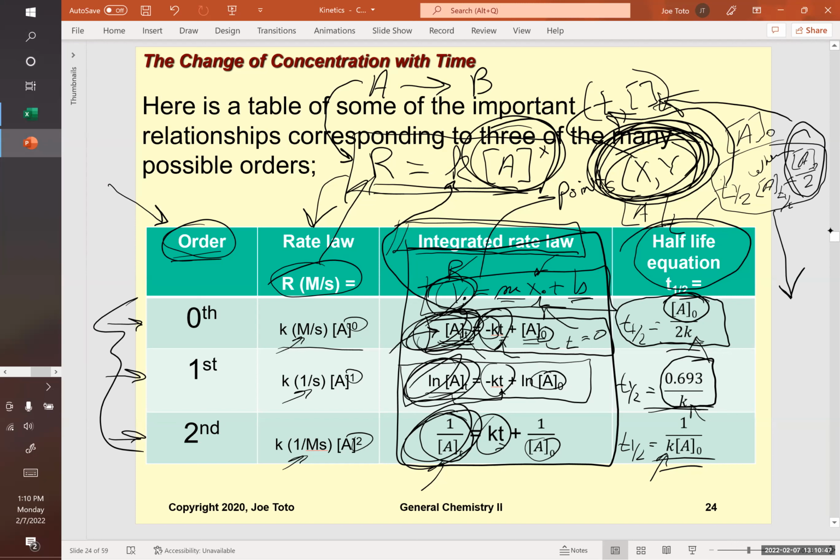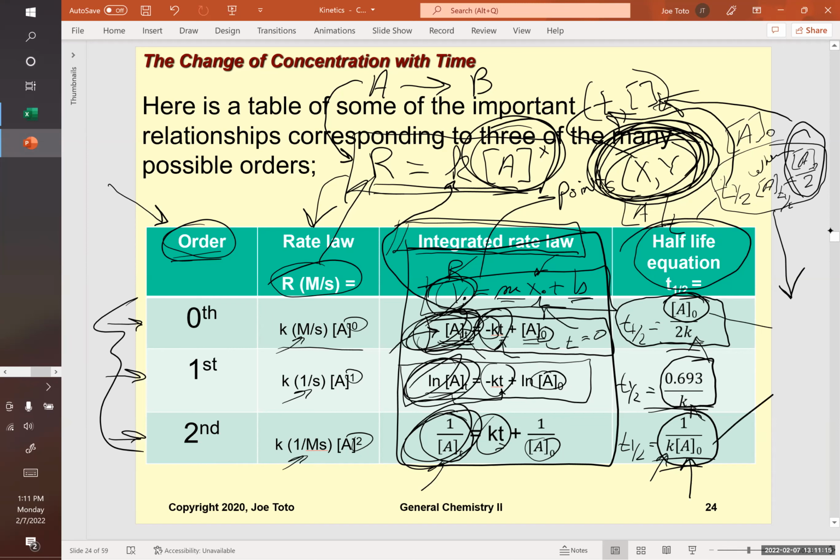In other words, it doesn't matter what you start with as far as initial concentration, it always takes the same amount of time to cut that initial concentration in half, independent of the amount you started with. Whereas for second order, it's inversely proportional. That T 1/2 is inversely proportional to the concentration, which is opposite of the zeroth order.